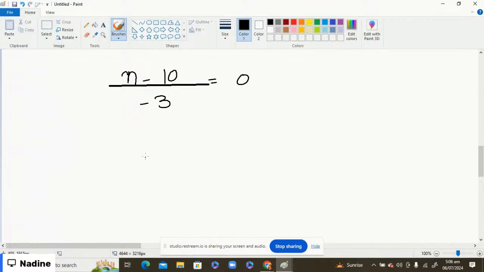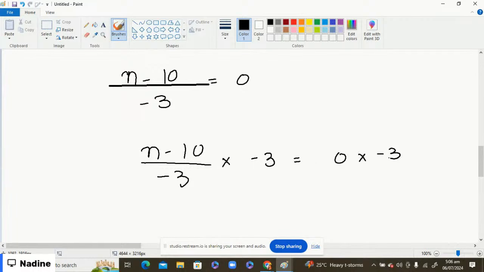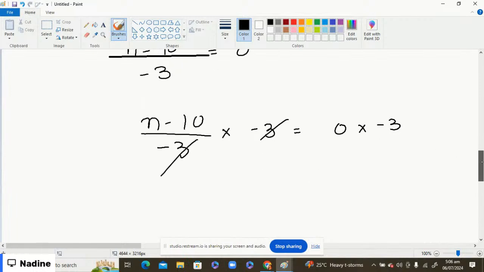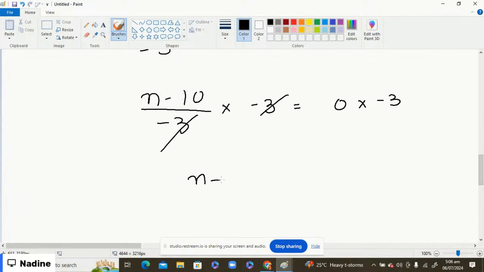So n minus 10 over minus 3 multiplied by minus 3 equals 0 multiplied by minus 3, on both sides. This minus 3 cancels out. Only n minus 10 is left, which equals 0 times minus 3, which is 0, because when 0 is multiplied by any number you get 0.